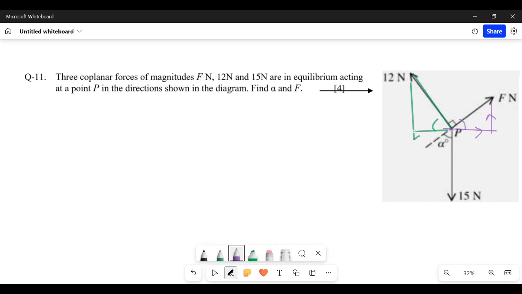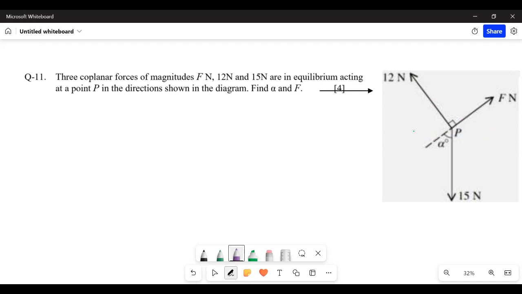We'd need to get these angles in terms of alpha, and then equate up forces to down forces, and left forces to right forces. Instead of doing that, we can just resolve the 15 Newton force in the direction of the 12 Newton force and the F Newton force.